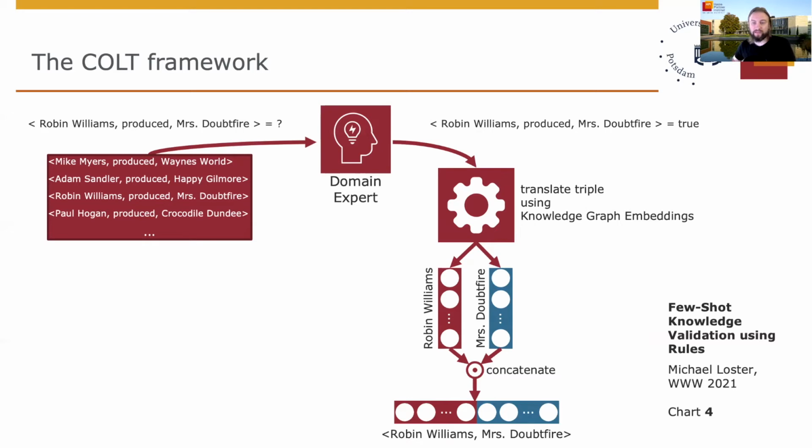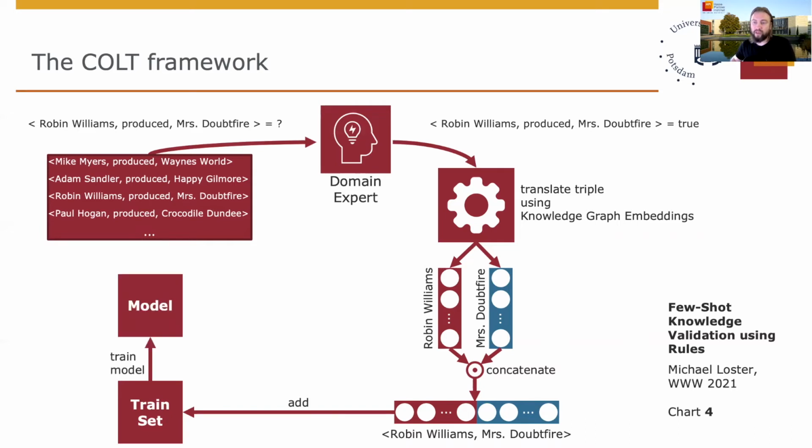The generated vector representations of subject and object are then concatenated and added to the training set. This data set, consisting of subject-object combinations and their associated truth values, is then used to train a model capable of assessing whether a given fact of a rule is correct or incorrect.